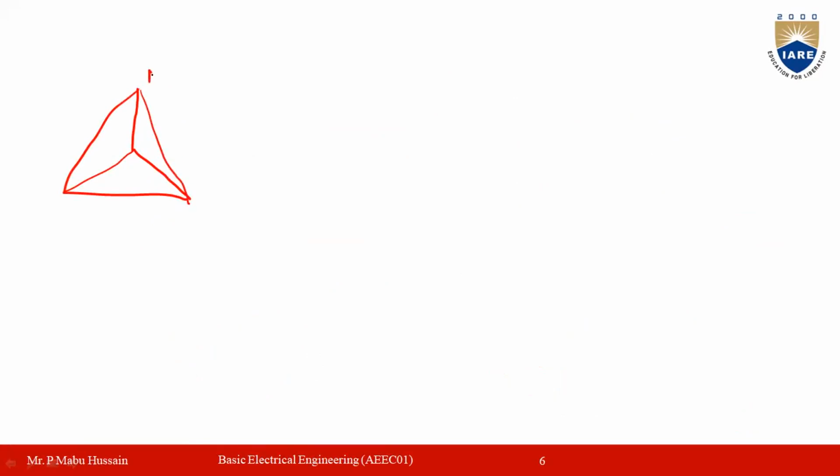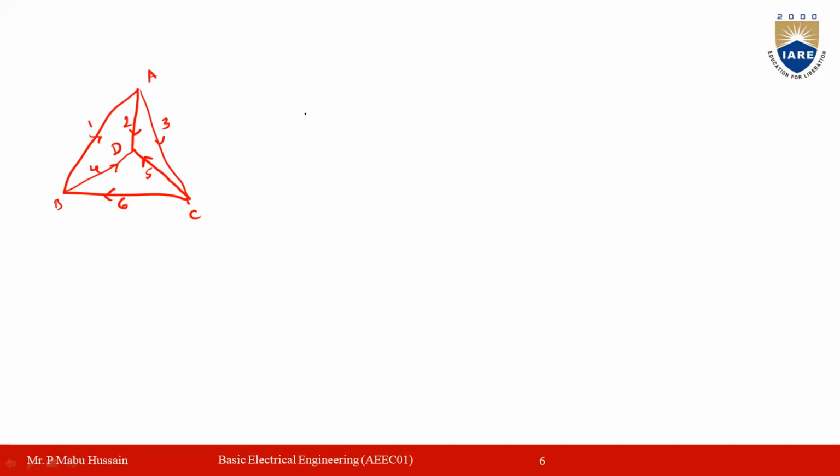The nodes are A, B, C and D, and the branches are 1, 2, 3, 4, 5, 6, with the directions as shown here. This direction is arbitrary; you can select any direction.